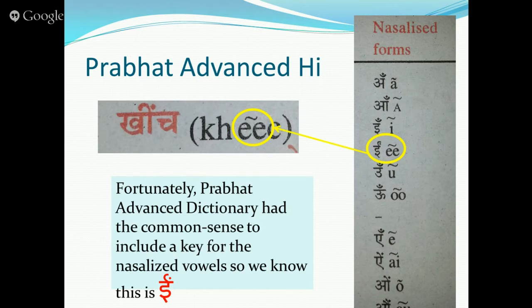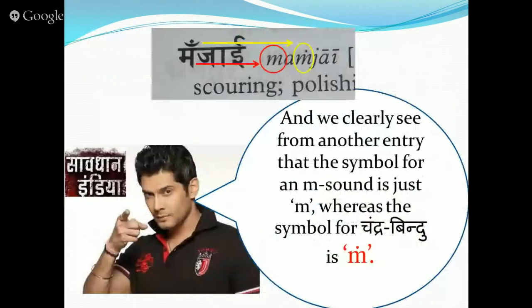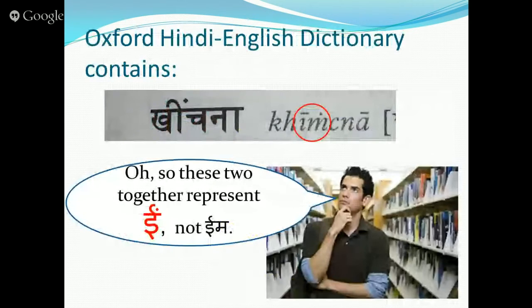And so this tells us that this, which we have here, is actually a E sound that has been nasalized. It is not an N. We don't see N there. We see two E's with a wave, a tilde. And so that means that this is actually E, as we also saw in the Oxford Dictionary.